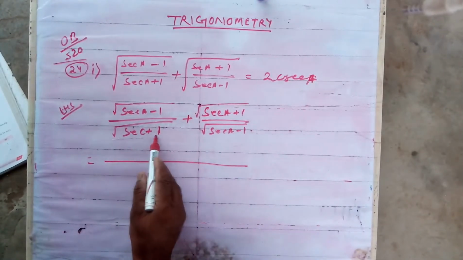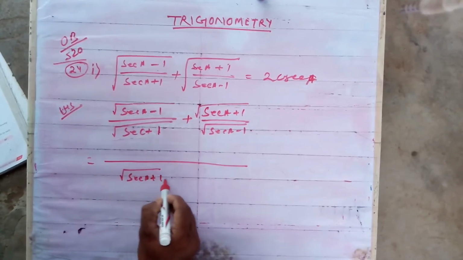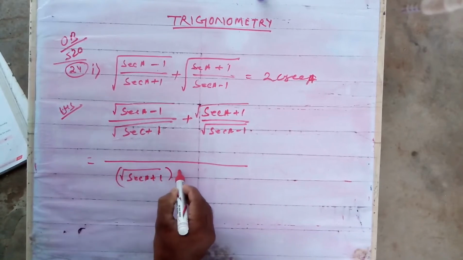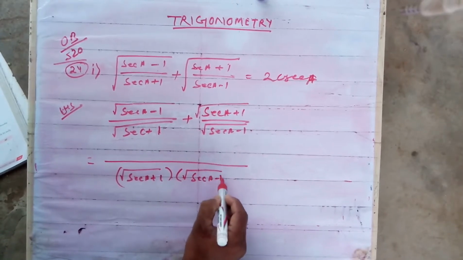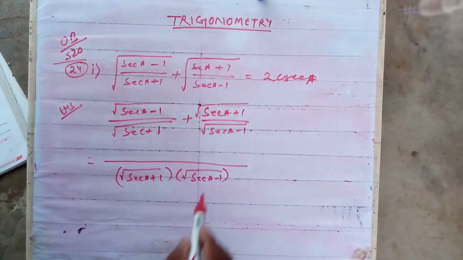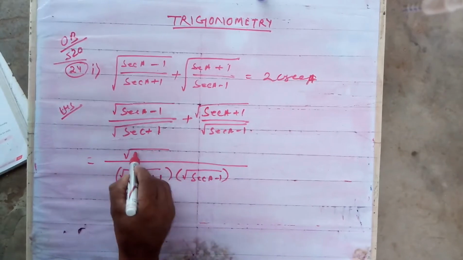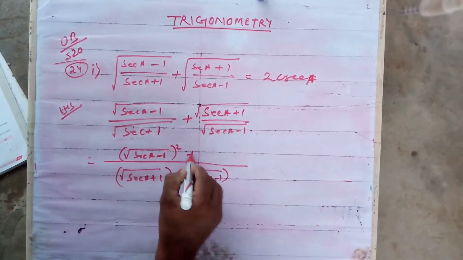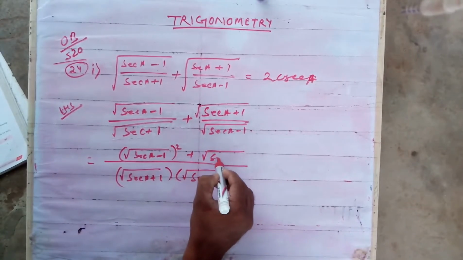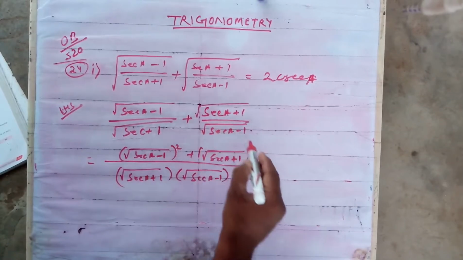Root of (sec a plus 1) multiplied by root of (sec a minus 1). What will this become? Both the terms will become the same. So I will write root of (sec a minus 1) whole square plus root of (sec a plus 1) whole square. This side also, both the terms are the same.